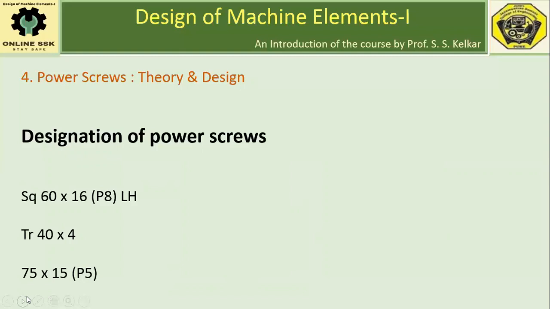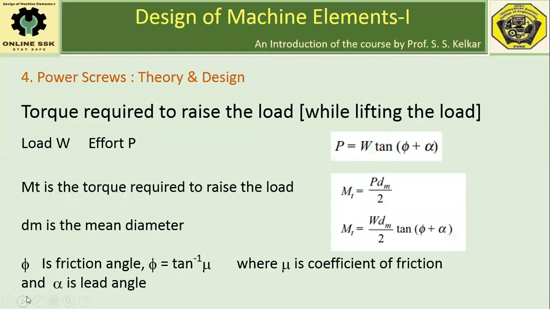And if the hand of helix is not mentioned, then by default, always it is a right hand. So the third power screw is of square type. Its nominal diameter is 75. Its lead is 15. Its pitch is 5. That means it is a triple start screw. And no hand of helix is mentioned. That means it is having right hand helix. So using this convention, power screws are designated in practice and identified.